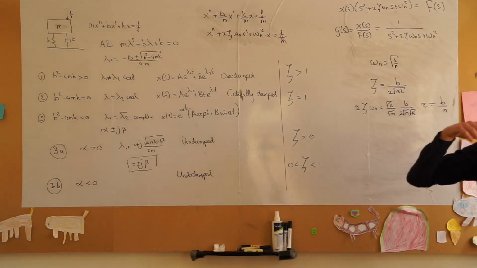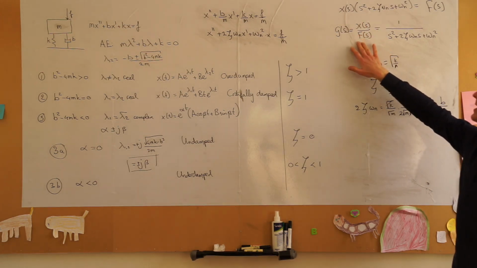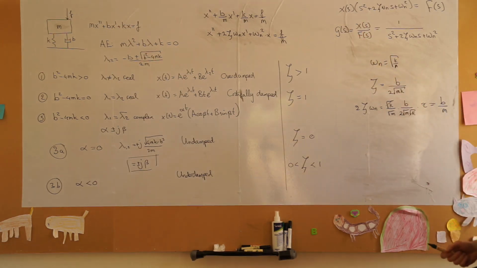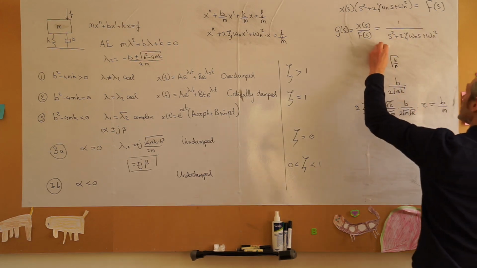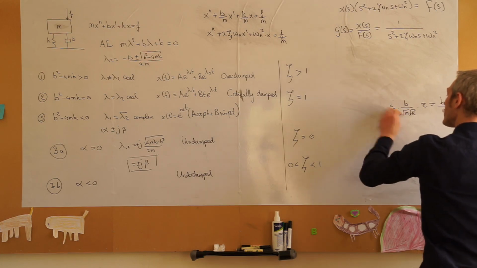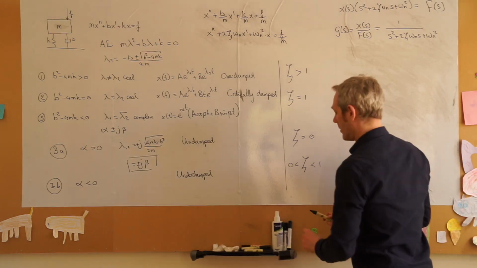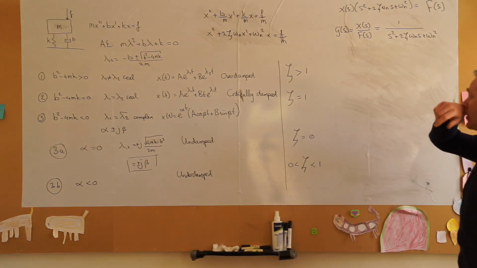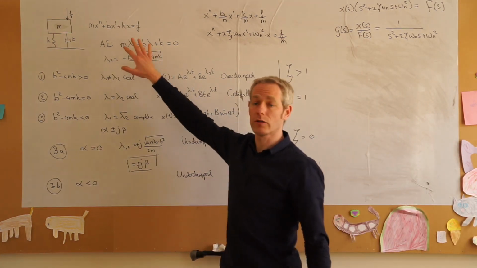The transfer function is the fraction of the output over the input in the Laplace domain, the S domain, and we are left with this transfer function. Now, for different values of zeta, we get different roots of our auxiliary equation.